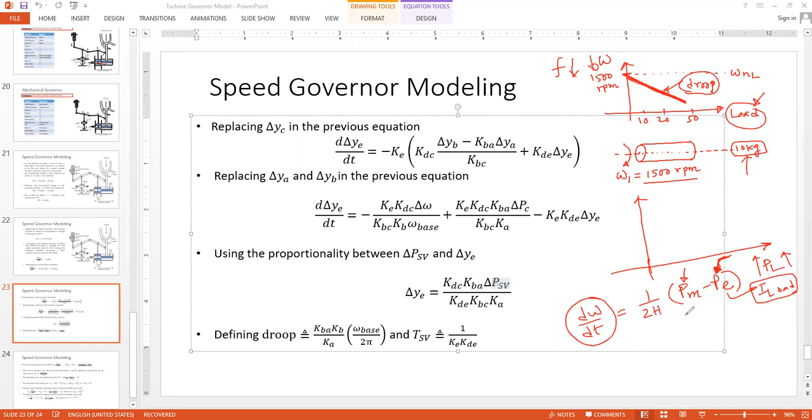Let's say before the load increased, it was 50 megawatt and 50 megawatt. So d omega by dt would be 0 before the load was increased. Now the load has increased to 70 megawatt. So like the motor, we are increasing the load demand. What would happen to d omega by dt? Sir, reduce. It will reduce.